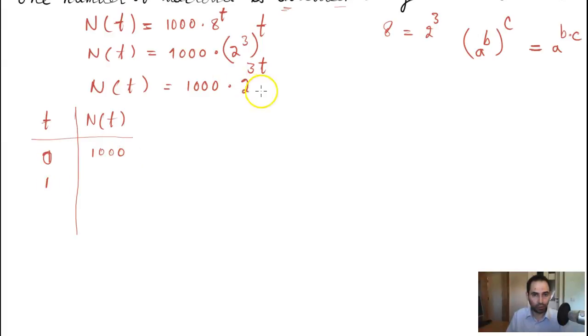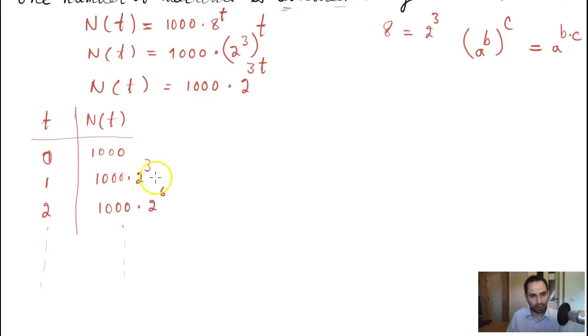If your t is equal to 1, then you have 1000 times 2 raised to the power 3. If your t is equal to 2, you have 1000 times 2 raised to the power 6, and so on and so forth.